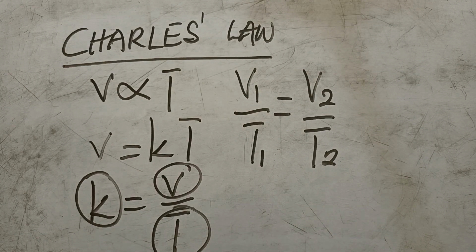Where V1 is the volume at temperature T1, then V2 is the volume at temperature T2. We could say that the volume of a fixed mass of a gas at constant pressure expands.